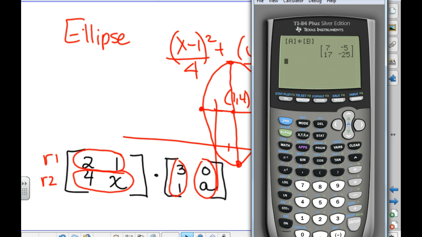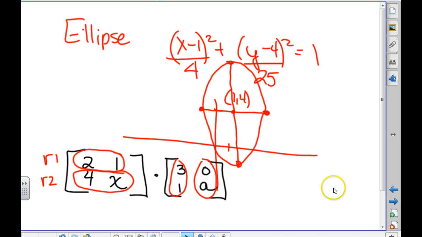Get rid of this. So we have to do it for each one? For each, like, you're going to get 4 answers, yes. This is column 1, column 2. Okay. You do row 1 times column 1. So you do 2 times 3 plus 1 times 1. You take this times this plus this times this. And then you do row 1 times column 2.